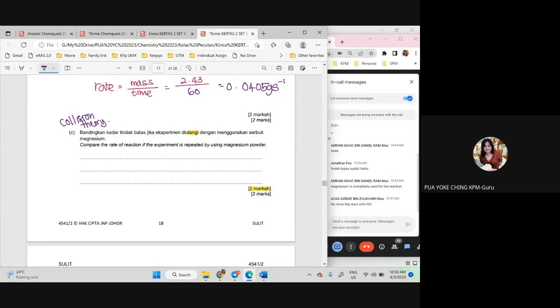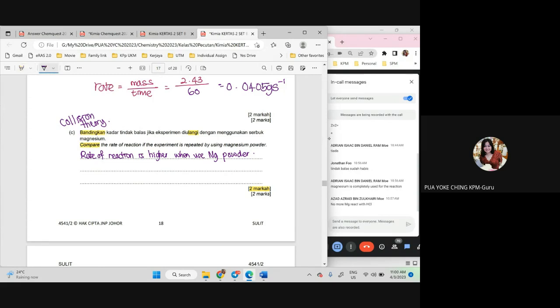So don't write all blah blah blah, frequency of collision, itu tak payah. So you just write that rate of reaction is higher when use Mg powder. Okay, tengok apa dia punya permintaan. Compare, bandingkan.